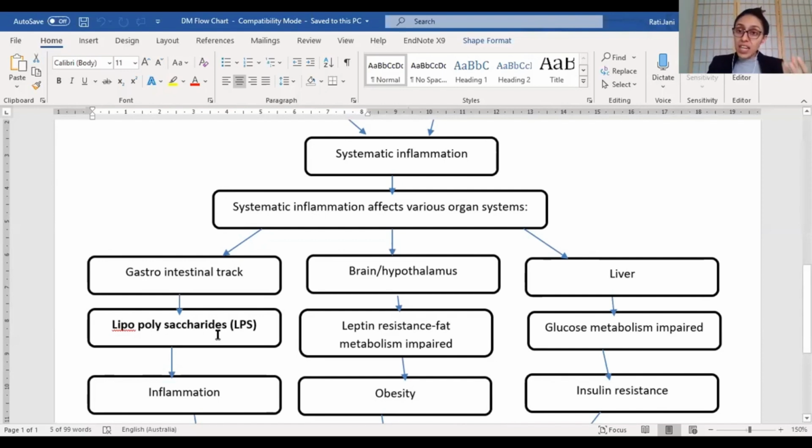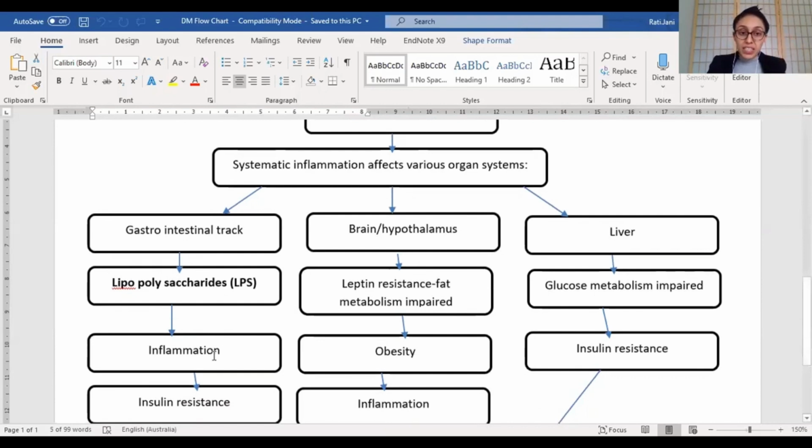Now these lipopolysaccharides are again inflammatory products in themselves. Okay. So you see how one inflammatory product is triggering the production of another inflammatory product. So yes, lipopolysaccharide is an inflammatory product in itself, and this again will result in inflammation.